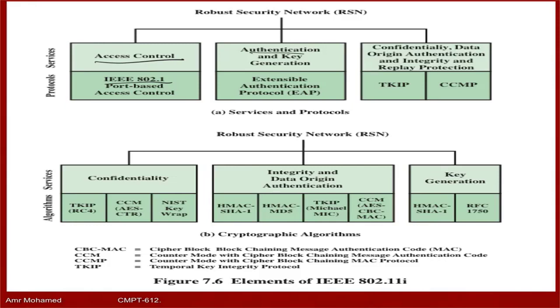So together with the authentication and key generation, which is done through the extensible authentication protocol, which provides the transport service to allow you to communicate with the back-end server, which is responsible for authentication through TLS or TTLS and so on. Using those two parts, the result here would be a master session key.